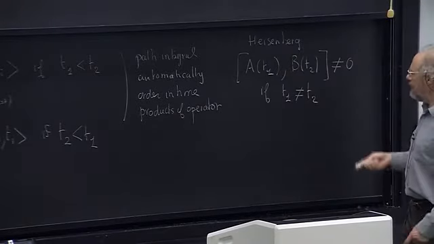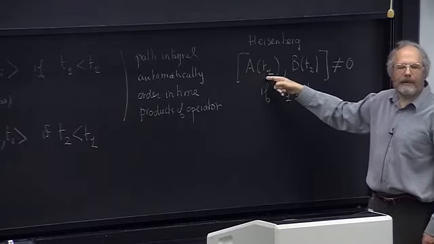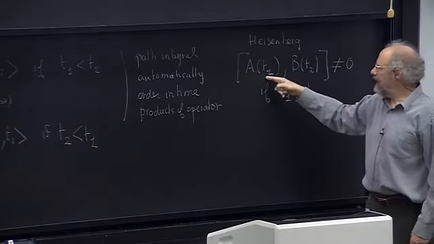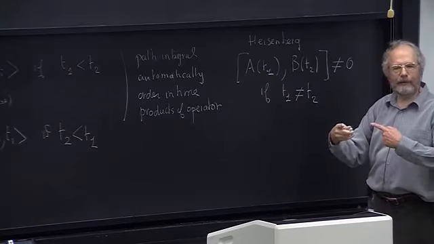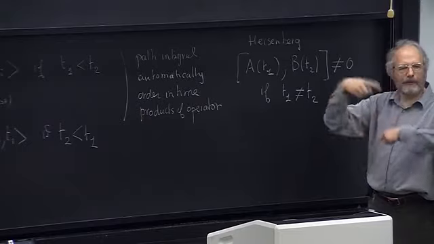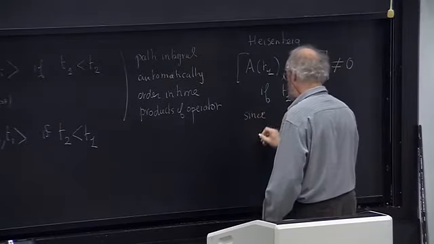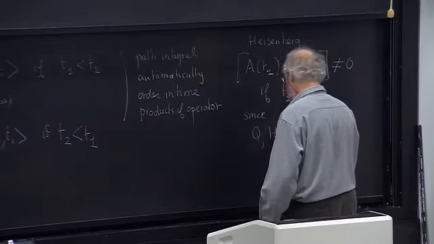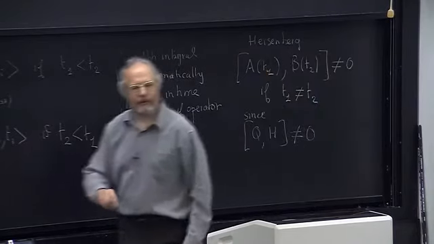That's simply because the relation between A at reference time 0 and A at time T1 is a product of A with unitary evolution operators, which are exponentials of H. And that's because Q and H do not commute in the Schrödinger picture.